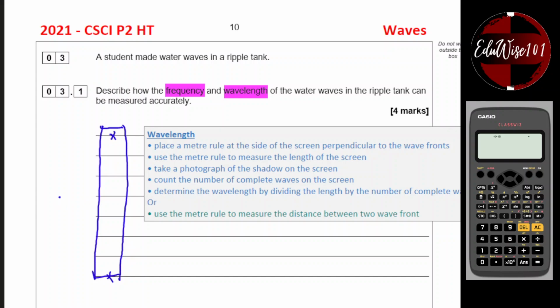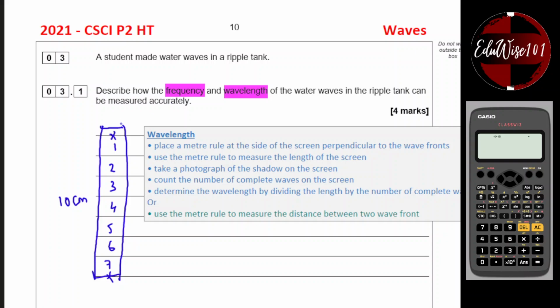Let's say that's 10 centimeters, and you count the number of waves: 1, 2, 3, 4, 5, 6, 7 waves.